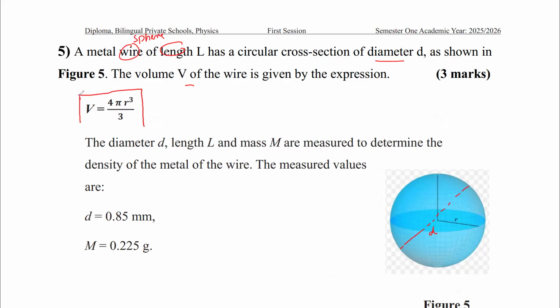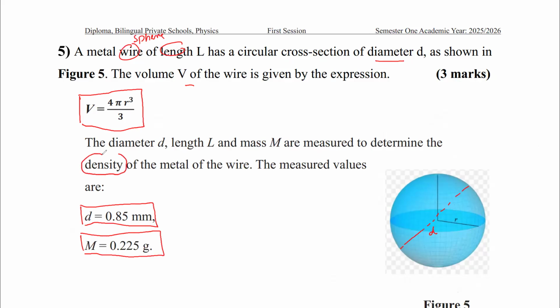V is equal to 4 by 3 pi r cube. This is the formula of volume. He says that we have the diameter, which is d is equal to 0.85 millimeter. And he said that we have a mass, which is 0.225 gram. He's asking you to find the density.